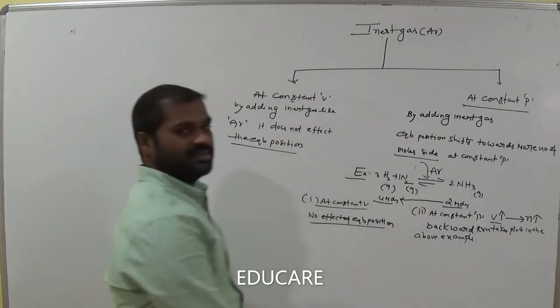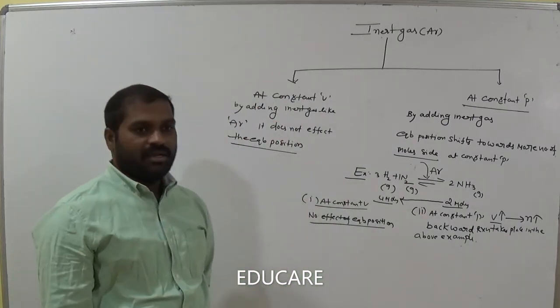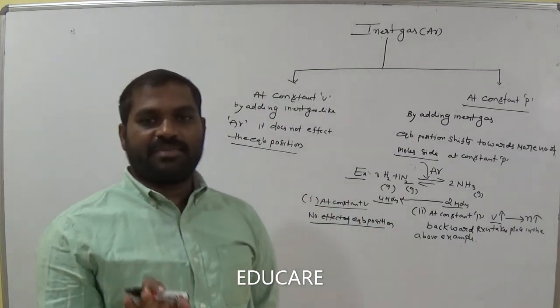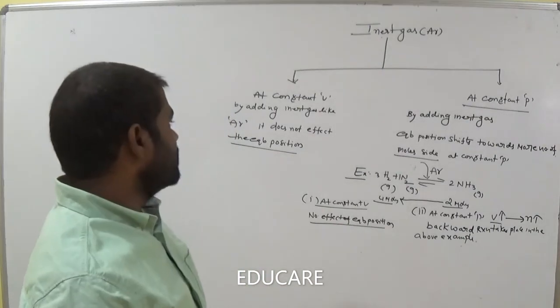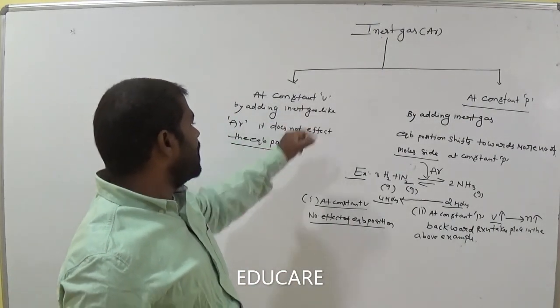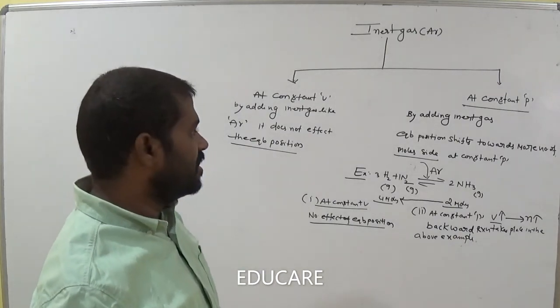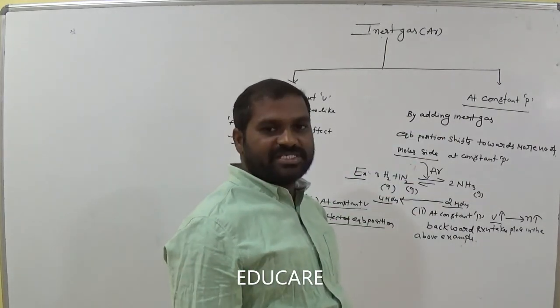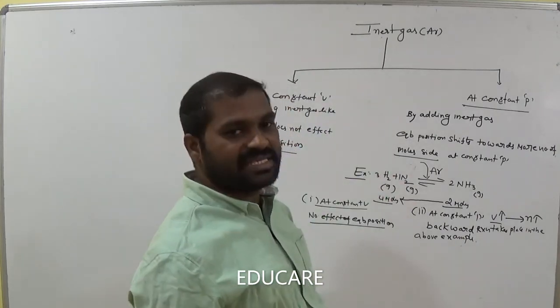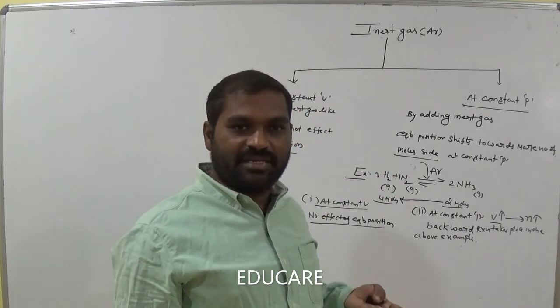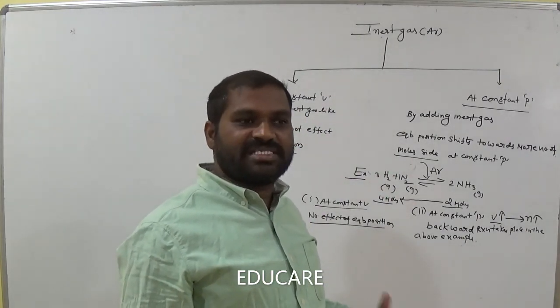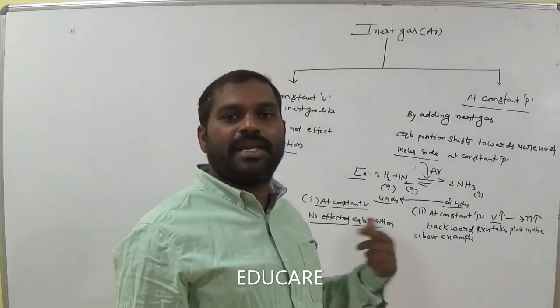Is it clear? Simply, effect of inert gases on chemical equilibrium: in the first case, at constant volume, there is no effect. At constant pressure, volume is variable, so when we add inert gas, volume increases, and chemical equilibrium shifts towards the more number of moles side.